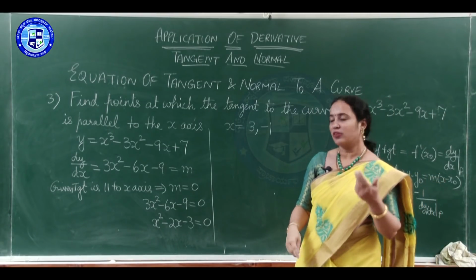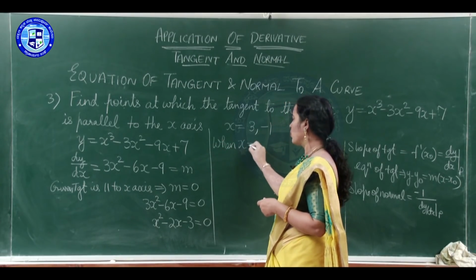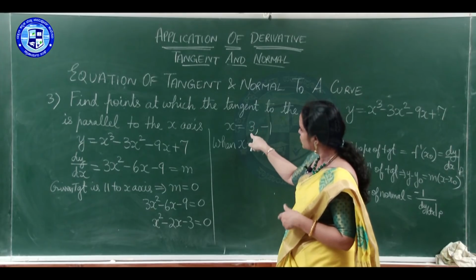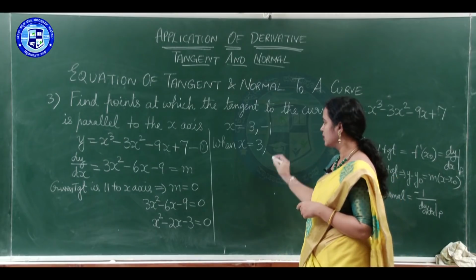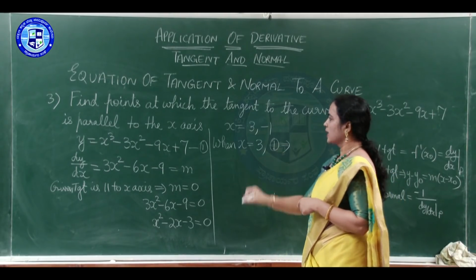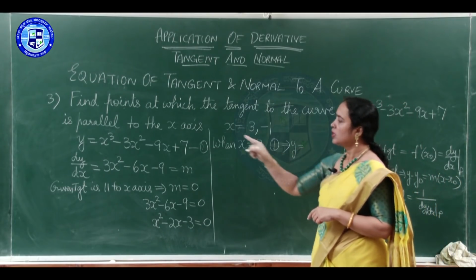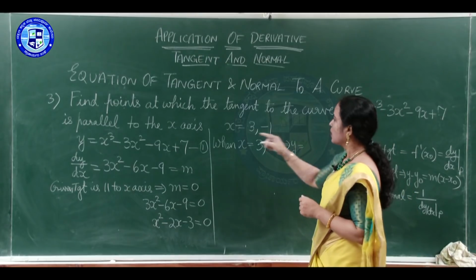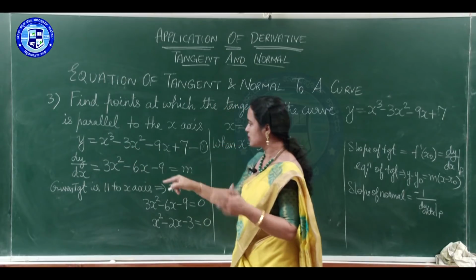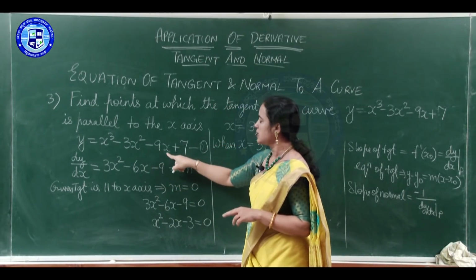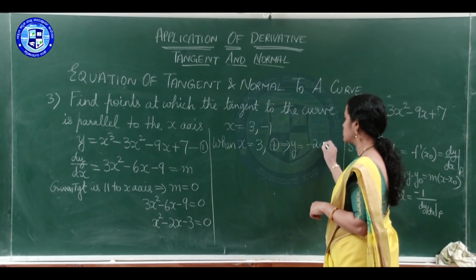Now you have to find the points and you got the x value. So now find out y. When x is equal to 3, substitute this point 3 in the given equation. Let me take the given curve equation as 1. So you will be substituting x as 3 in the first equation. So y will be equal to 3 cube, which is 27, then 3 square 9, 9 3s are 27, 27 minus 27 will be 0, minus 9 into 3 minus 27 plus 7 will give you minus 20.